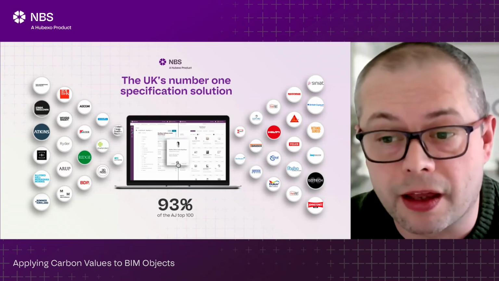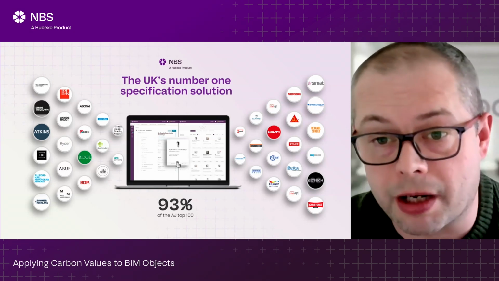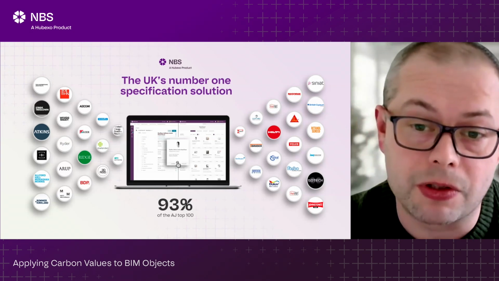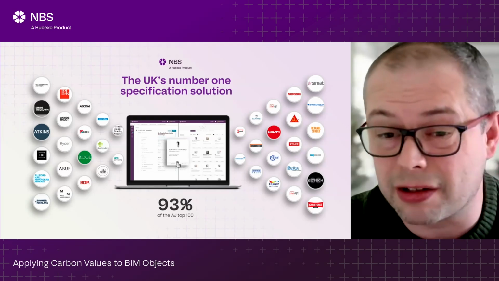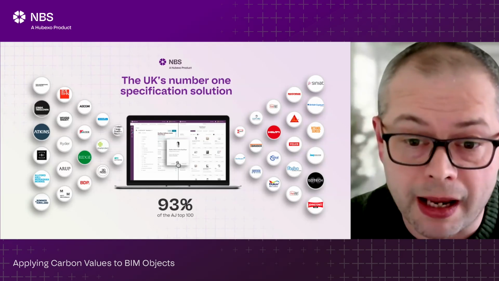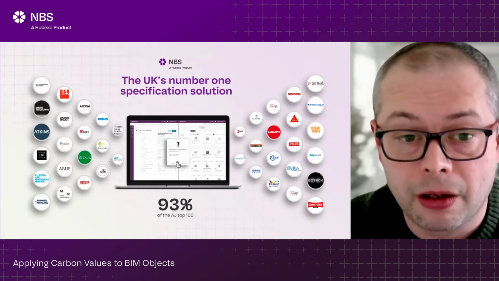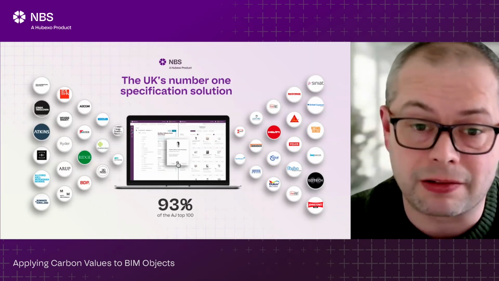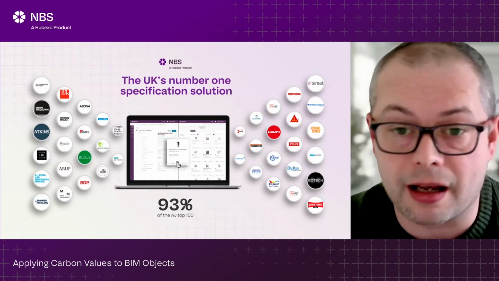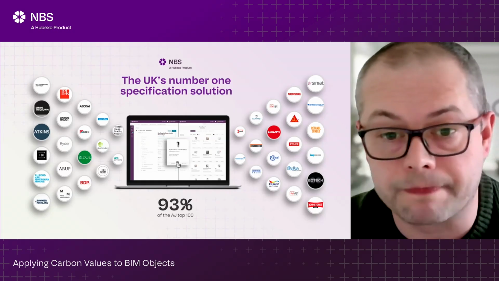And then in tandem with that, we provide NBS Source for the manufacturing community, which allows them to list their products, materials, systems in the NBS ecosystem and connect those to the specification, making it a seamless integration for specifiers to actually select and spec manufacturer products.